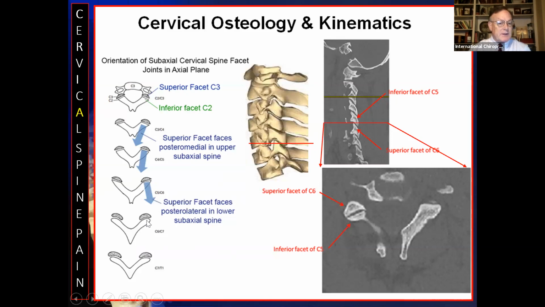And then they get to be almost coronal in the cervical thoracic area. And then there's a big change, by the way, from the almost sagittal orientation of the facets in the thoracic spine. And then as there's a resumption of angulation or turning of the orientation of the facets in the lumbar spine, there's a transition between the T12 and L1.